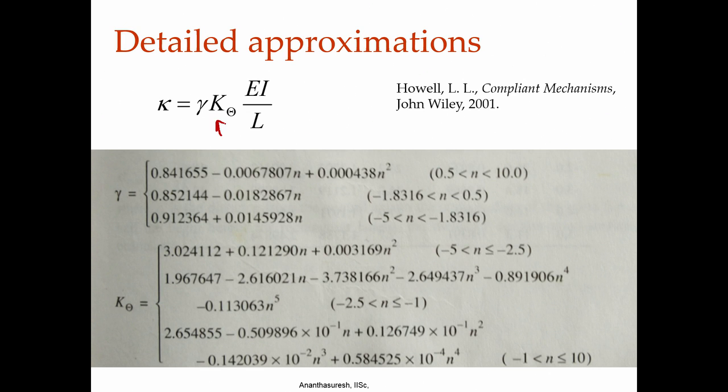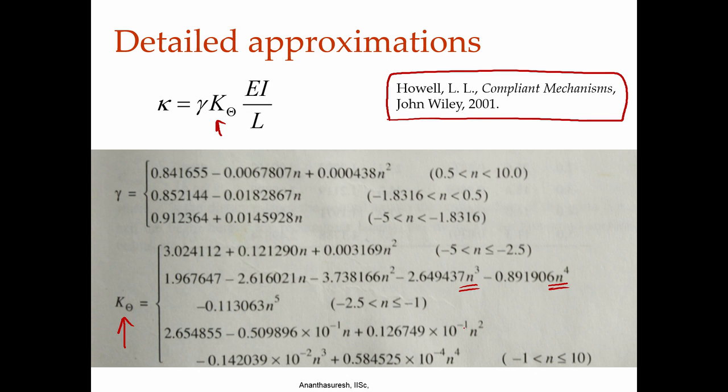From the book by Professor Larry Howell I have taken this image, where for this k theta you can see there is n square, n cube, n to the 4, and all the fitting that they have done to arrive at this, so that you can get something that approximates for a certain angle.